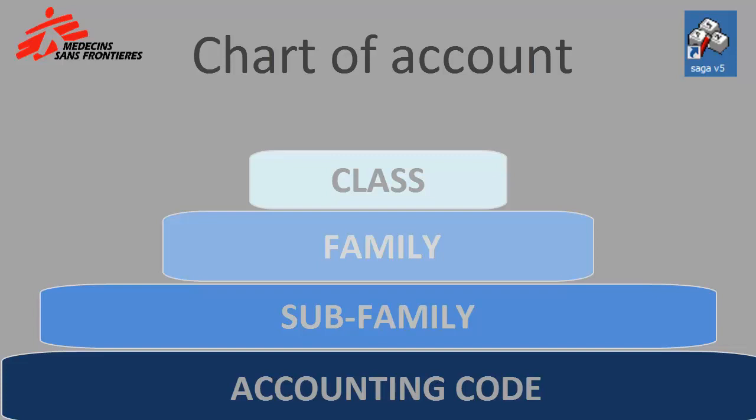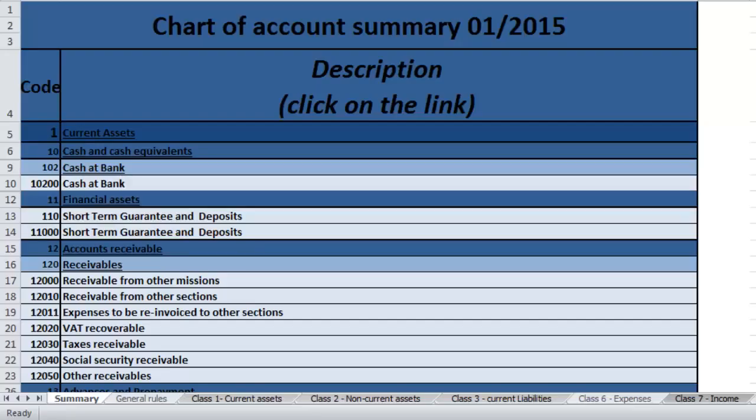To give you a more concrete example of this pyramid, you can open the first tab, called Summary, of the Excel file. There you can see that current assets is the class 1.